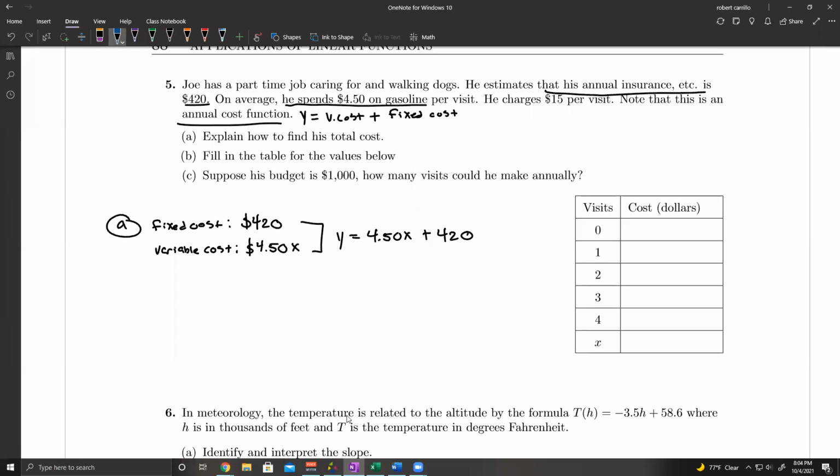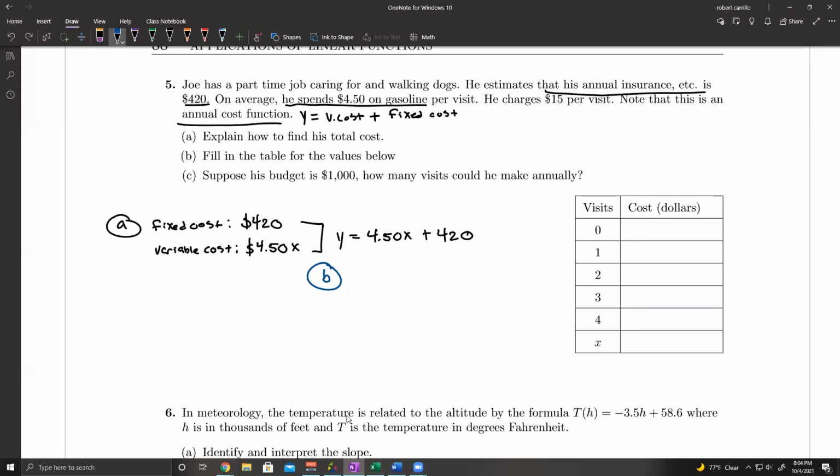Now B says, fill in the table for the values below. So for B, all we have to do is take all of these values, 1, 2, 3, and 4, and plug them in for which variable? Plug them in for X. Okay, cool.